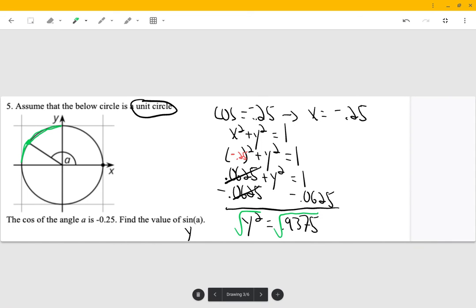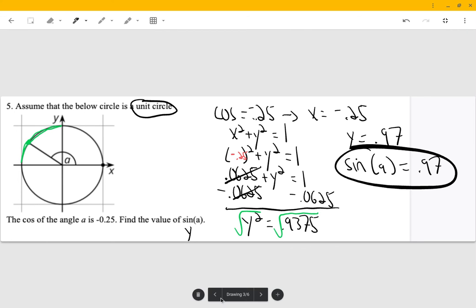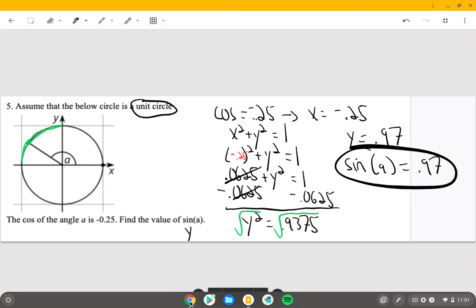So y equals positive 0.97. So to answer the question, find the value of sine. That means sine of A is equal to 0.97. And that is your answer for number 5.